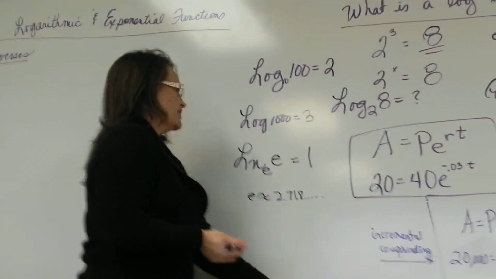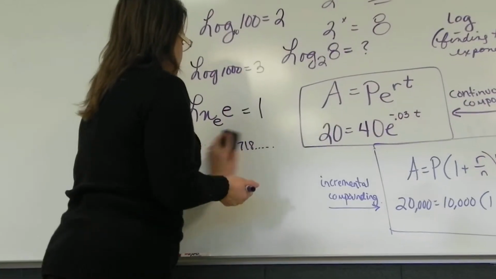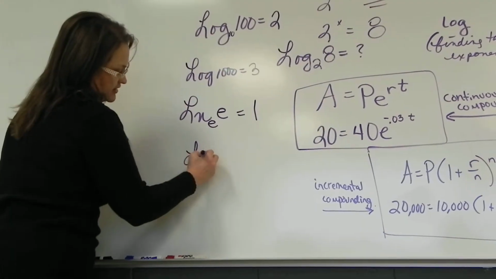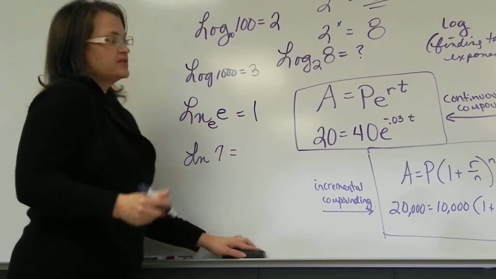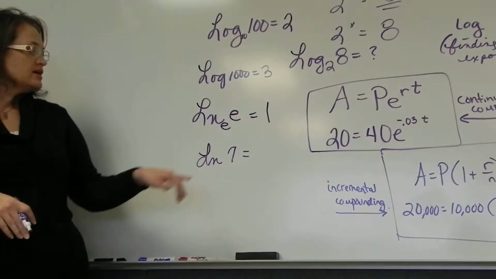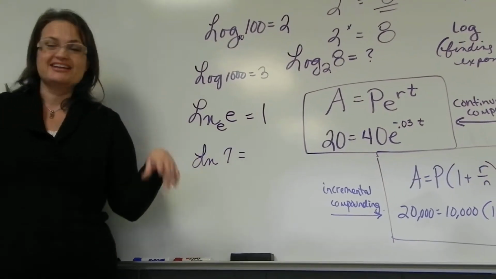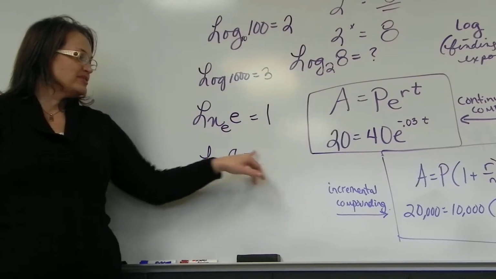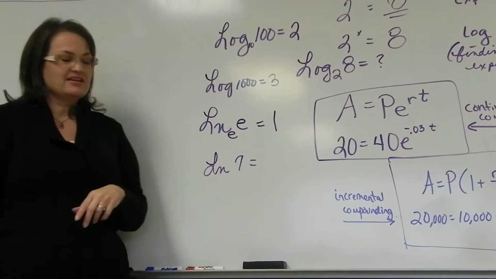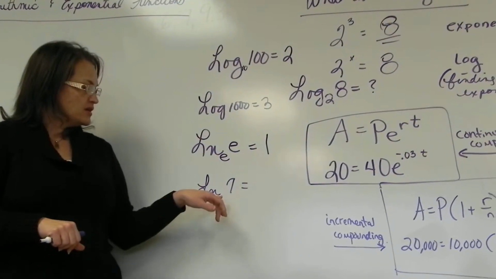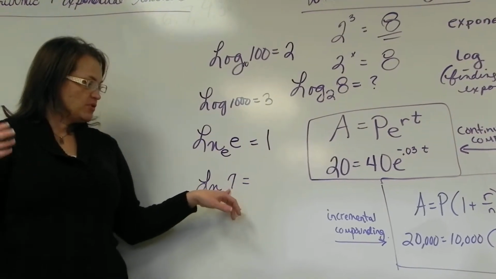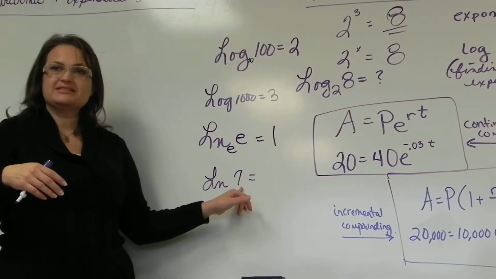And so if we were doing ln of something else, like ln of 7, for example, this one's not going to come out as perfectly. But your calculator is calculating e to what power is 7. So go ahead and get that if you will. So 2.718 approximately to what power would be 7?